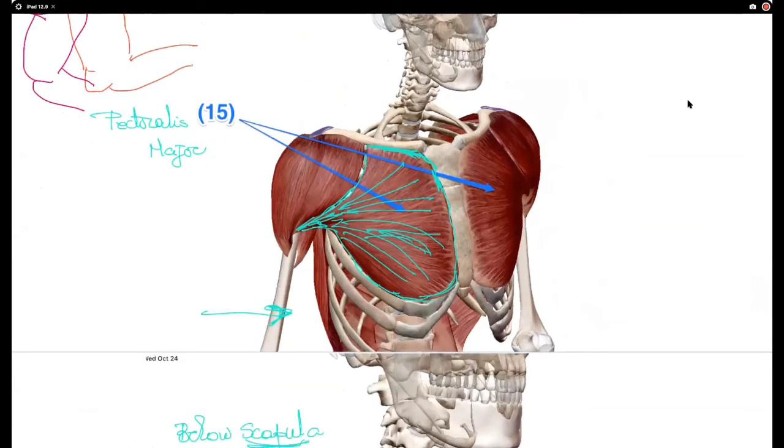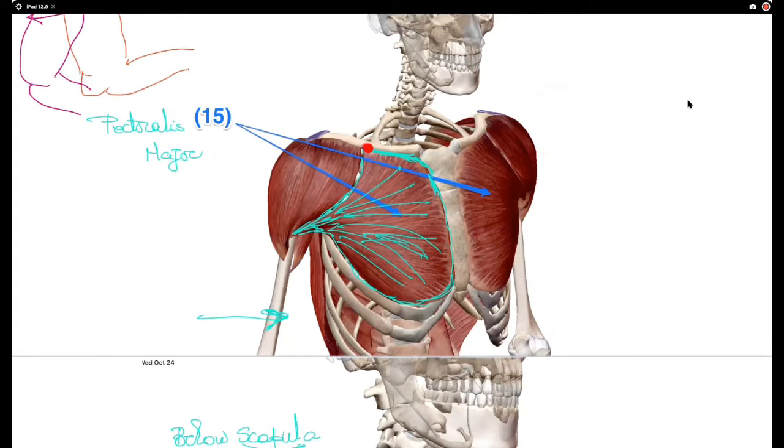Looking here in the chest, we've seen a large muscle in the pectoral region. We call it the pectoralis major. As you see, it gets its origin from the medial one third of the clavicle, manubrium, body of the sternum, and the costal cartilages here for the muscle fibers to converge and to be inserted in the anterior aspect of the humerus.